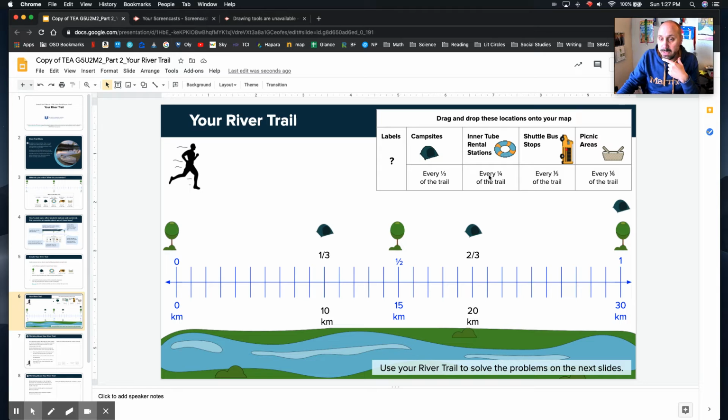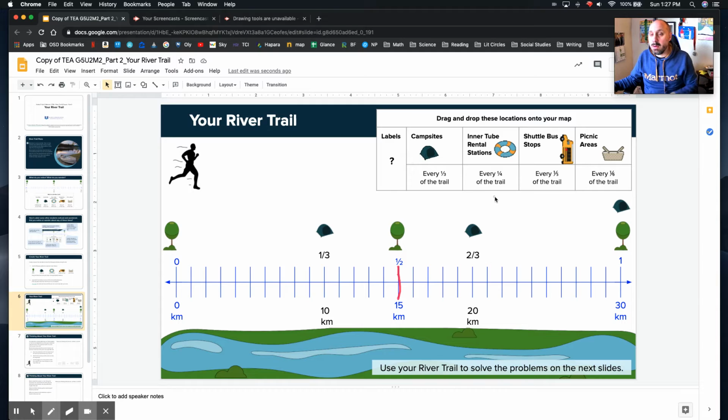So the inner tube rental station, let's talk about that real quick. Let me see if I can find the pin here. Let's go like red. So that is splitting the inner tube rental stations into fourths.